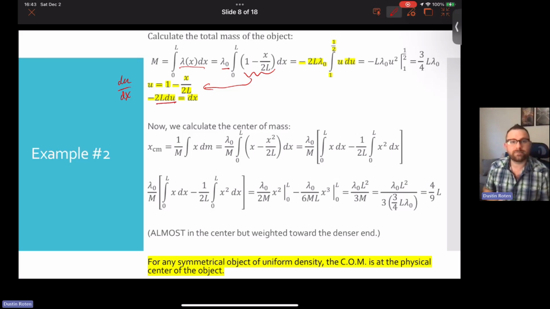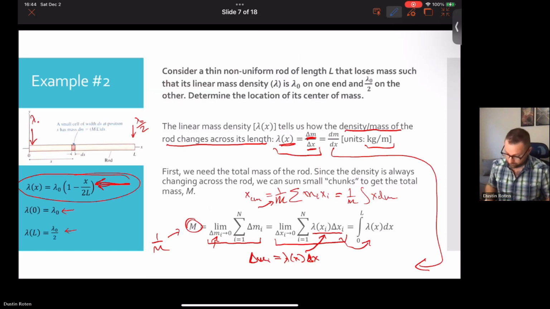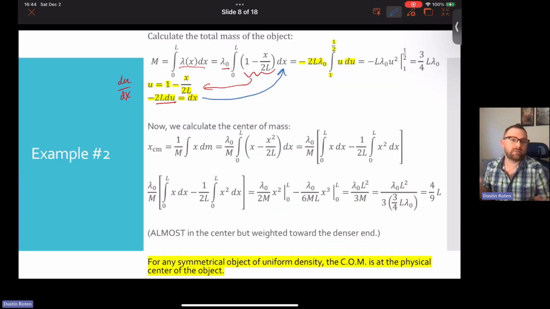Okay, so there's my dx, which means I can replace this dx. This is the same thing as what I did with the dm and dx, just changing out my differential. Changing out the dm with the dx. I'm doing the same thing. It's kind of like a u substitution.